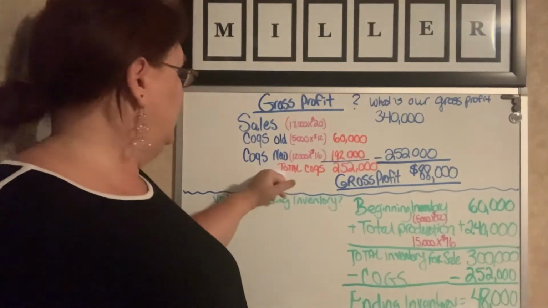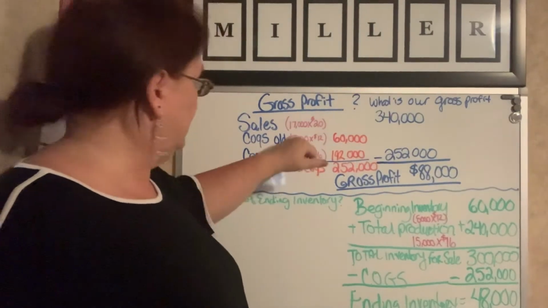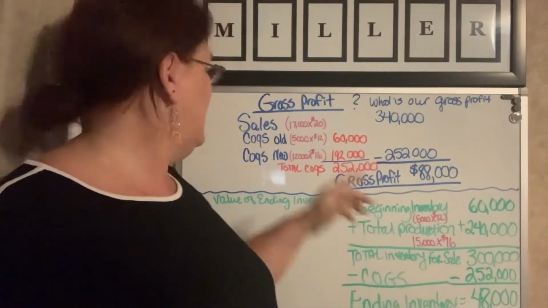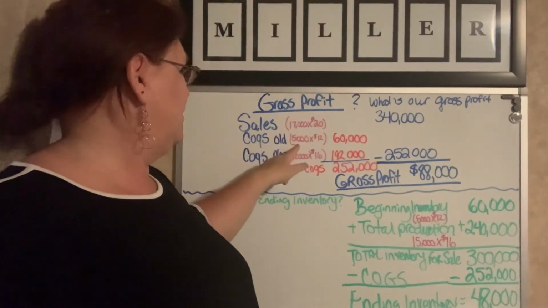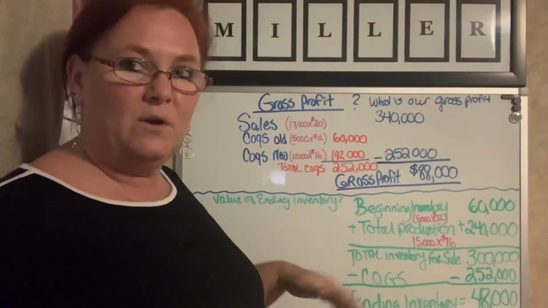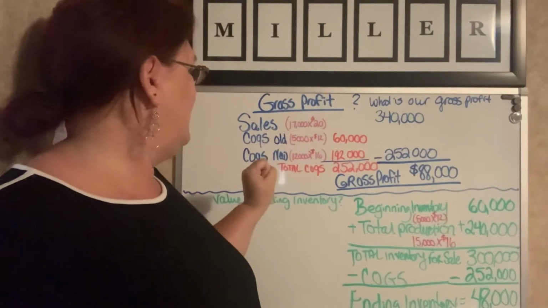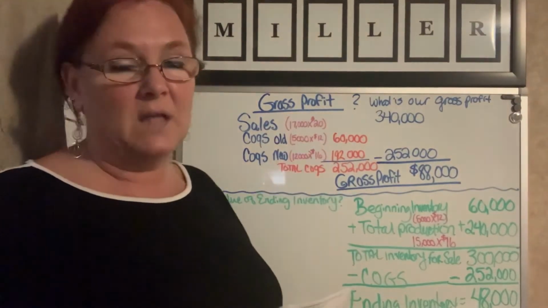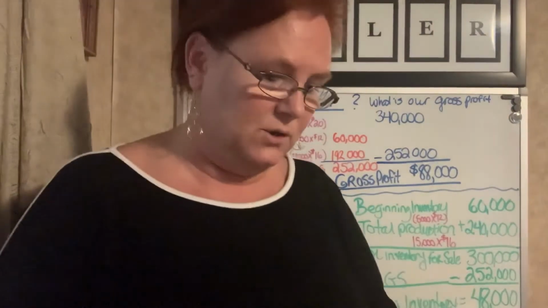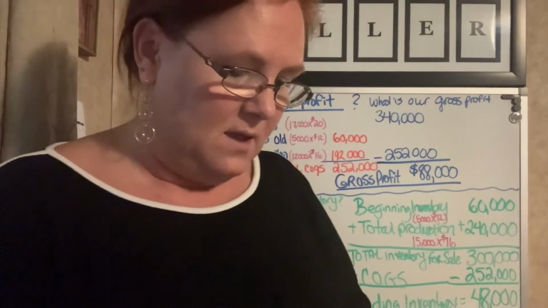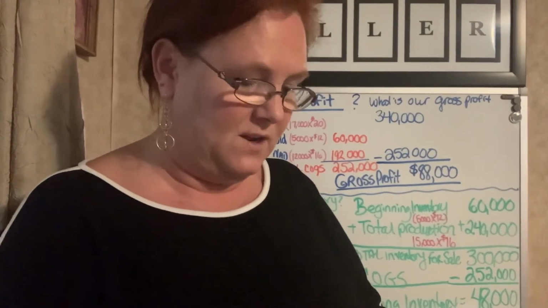So the new ones, it doesn't tell you that we did 12,000, but it tells you you had 17,000 sales and your old cost of goods sold, or how many you had on hand, were 5,000. So 17,000 minus 5,000 equals 12,000 left. Where do we get the 16? Well, it says in your problem, for the new ones, Convex produced 15,000 units.